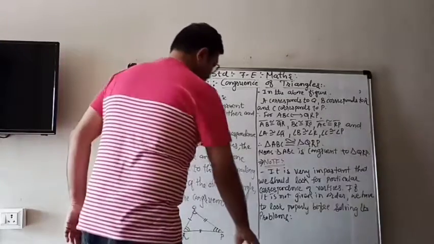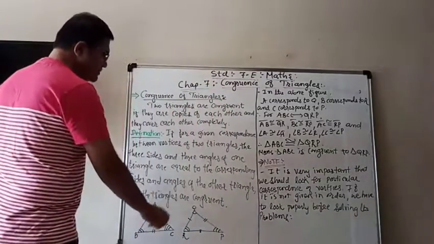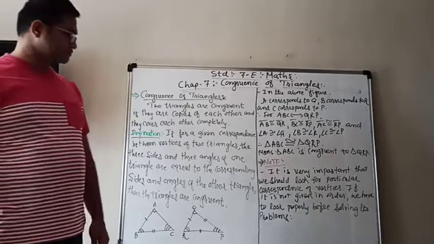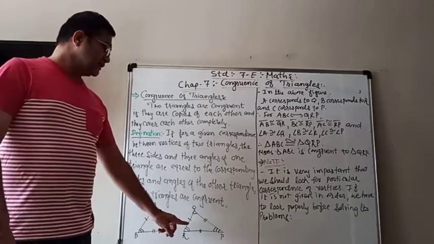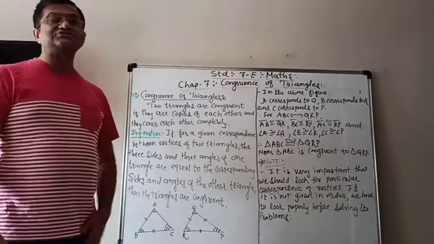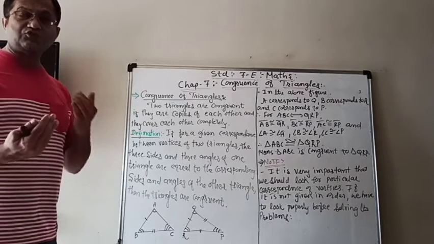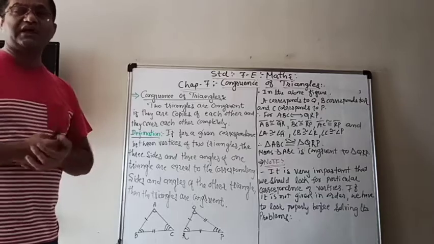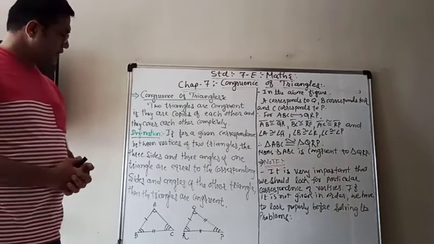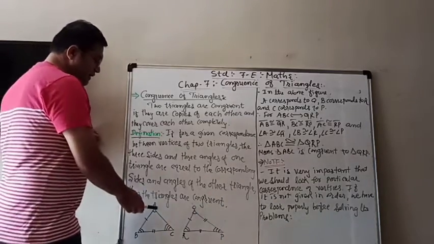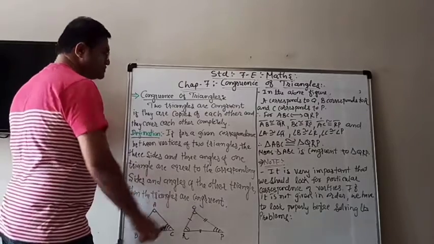Look here. Here triangle ABC and triangle PQR are there. But if triangle PQR was not given like this, then we have to check which angle is congruent to which angle of the other triangle. So here we will see that angle A and angle Q have the same measurement.